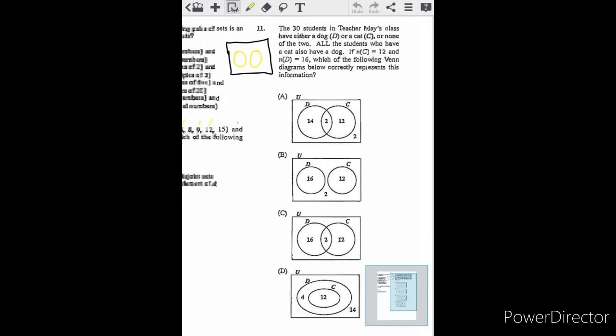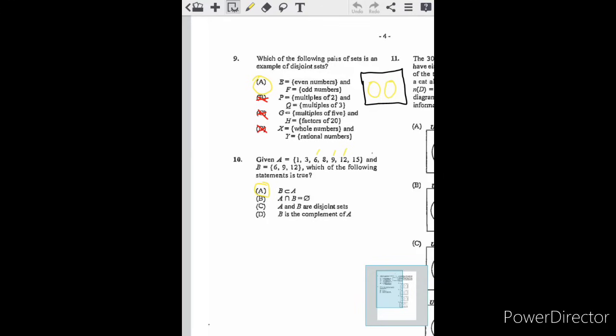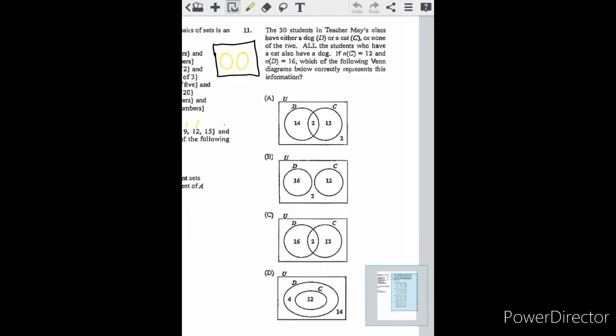Moving on to 11. We have the 30 students in Teacher May's class have either a dog, D, or a cat, C, or none of the two. All the students who have a cat also have a dog.